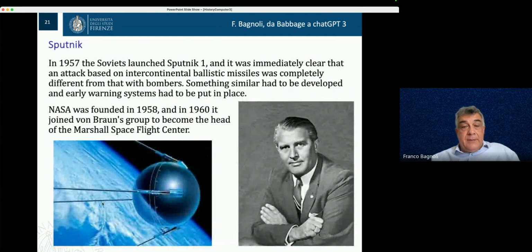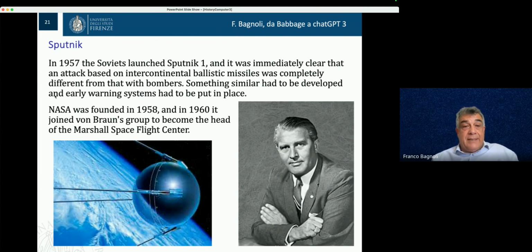And so, okay, 61 is Gagarin, but 57 is Sputnik 1, and so this was the signal to the United States to invest in astronautics and rockets and so on.